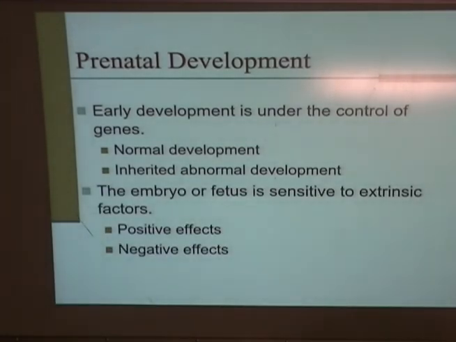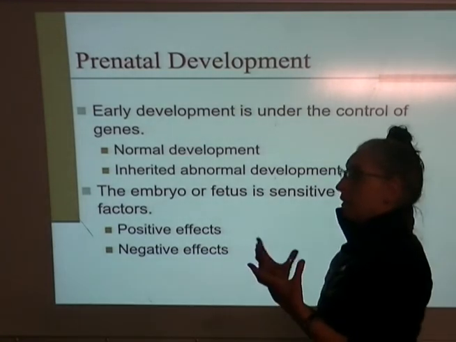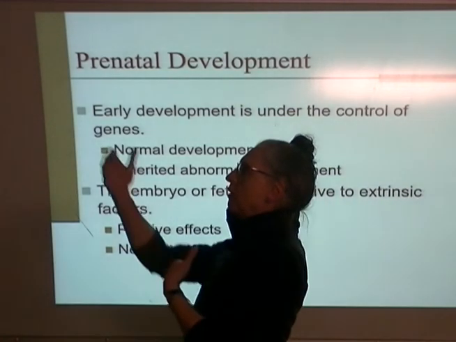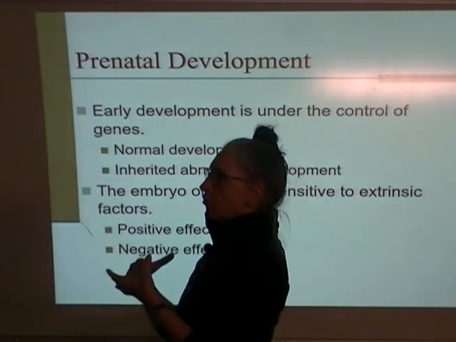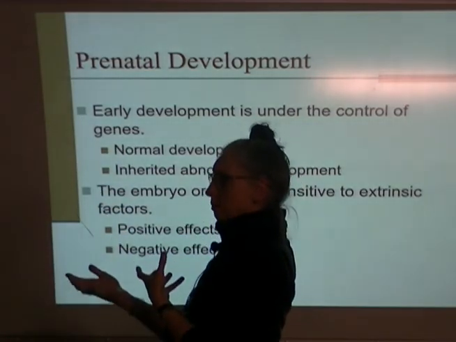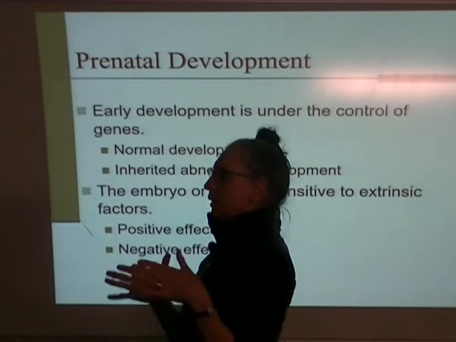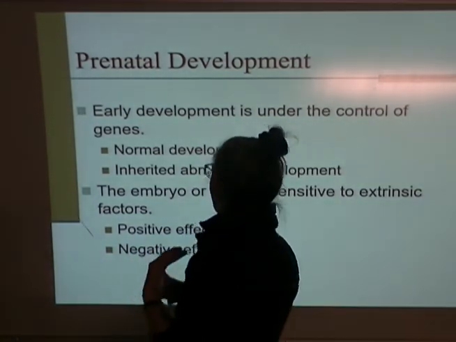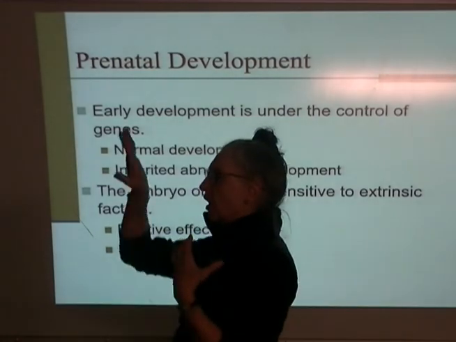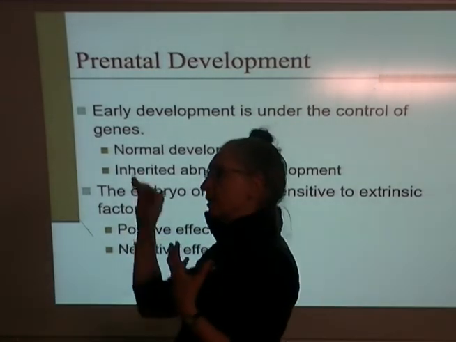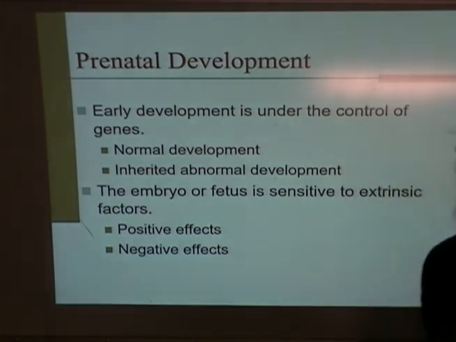And then we know that because the embryo and the fetus have a window to the outside world via the placenta to mum, they're also sensitive, once that placenta is in place, to some positive effects via mum or some negative effects via mum. Okay?